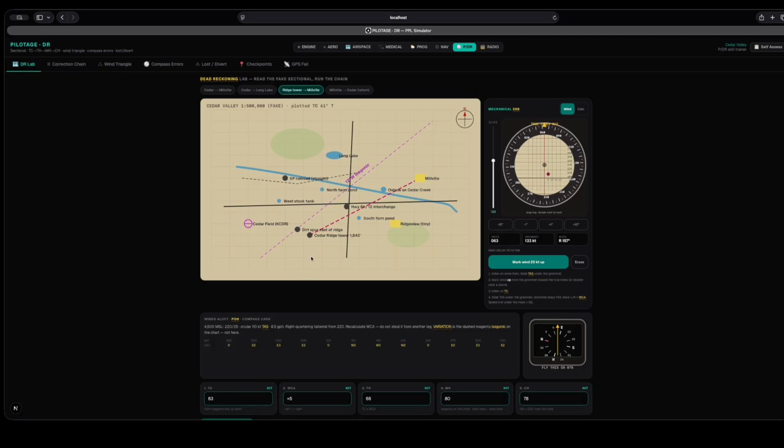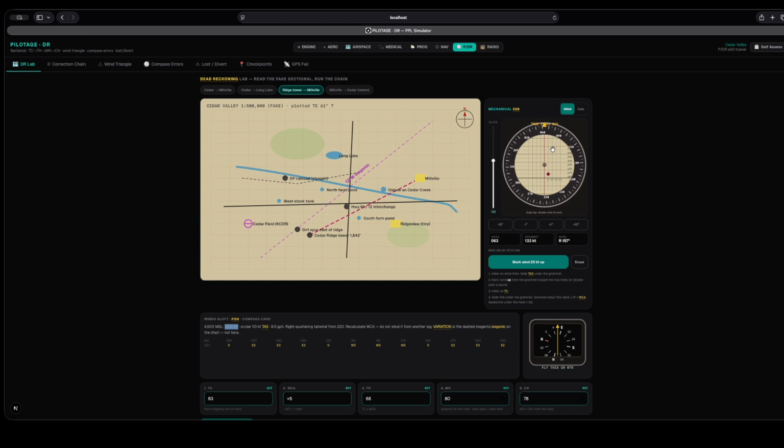You've got your sectional to calculate your TC, your true course, and then you would presumably tune into the AWOS to get your weather, or you could check aviationweather.gov or 1-800-WXBrief.com to get an official wind reading. And then from there, it's all just math.